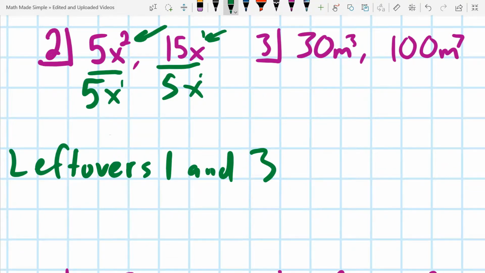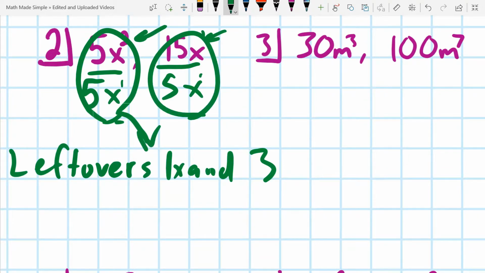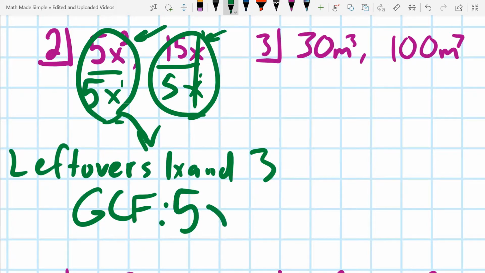So our leftover is going to be 1 and 3, except this one is not just 1, it's 1x. This one, the x's cancel out, and we're left with just 3. So our GCF, just a reminder on this one, what did we divide both of them by? 5x.